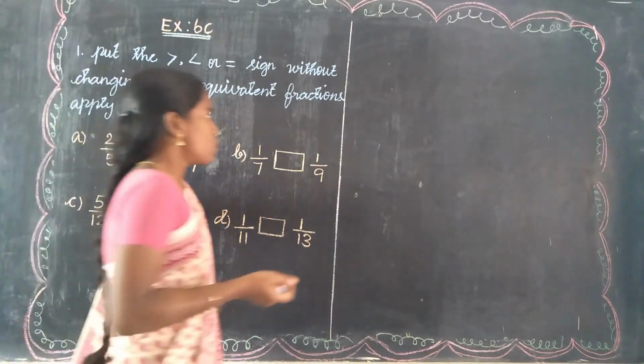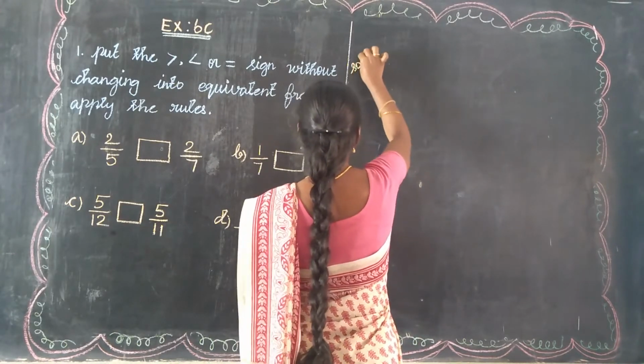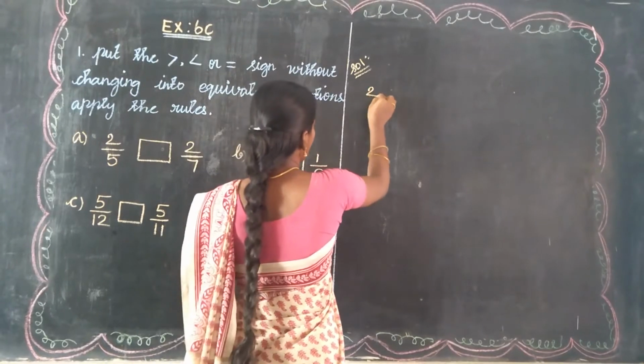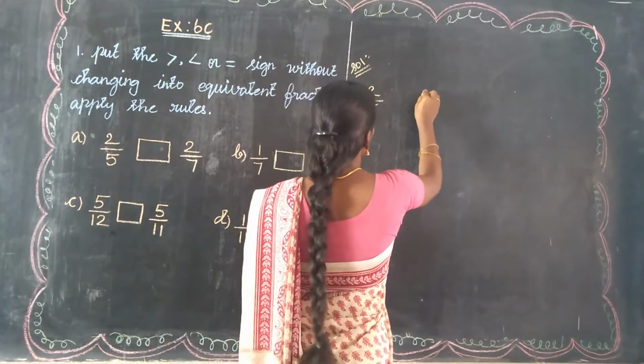See, the solution. First problem: first fraction 2 by 5 and second fraction 2 by 7.